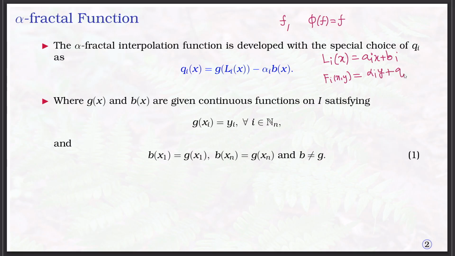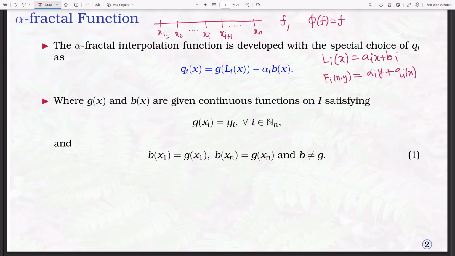plus Qi of x. If we have the data points x1 to xn, then here x2, x3 and so on, then here our xi and here our xi plus 1. For each interval, we need to define one Li function in the horizontal direction and the Fi function in the vertical direction.